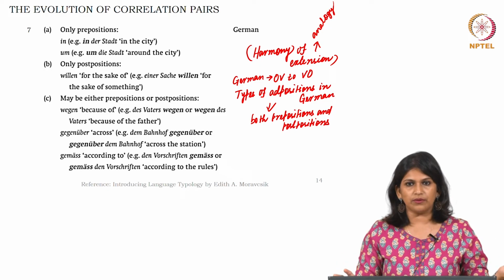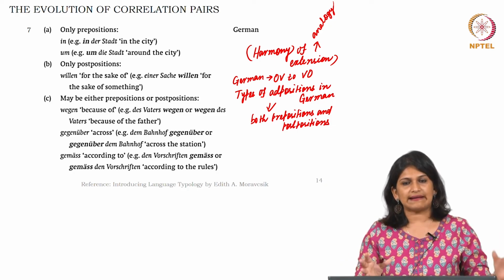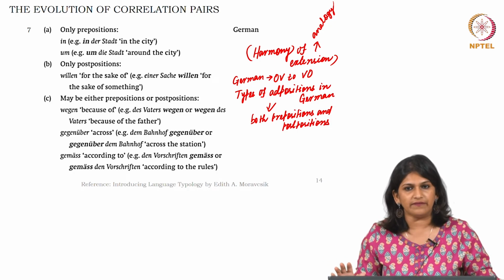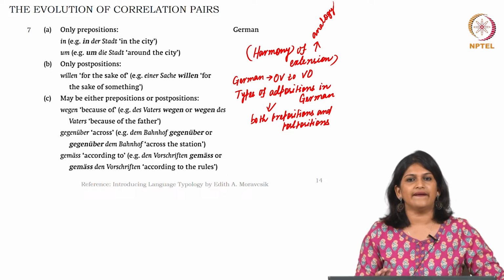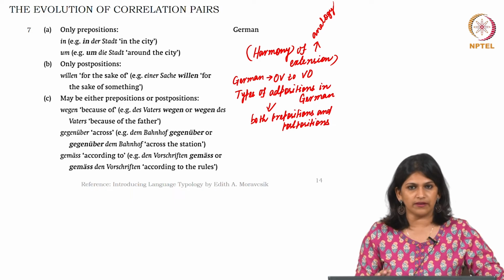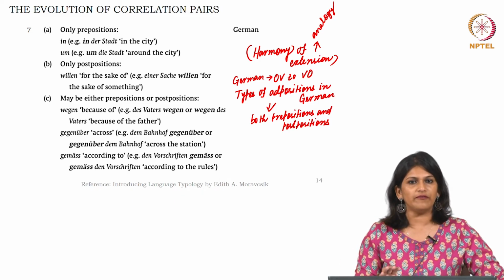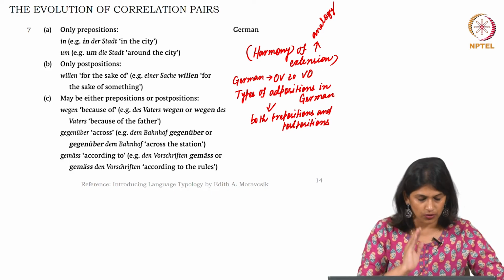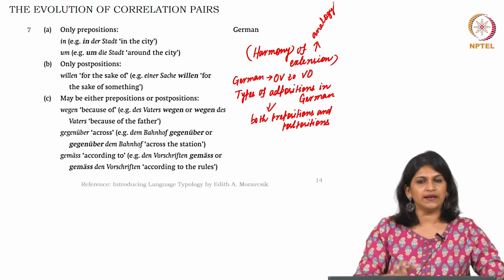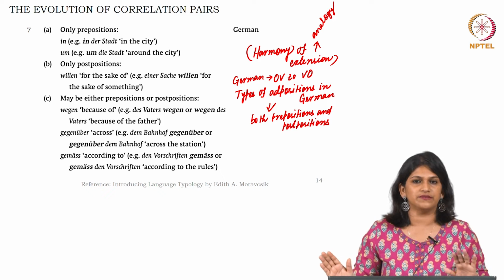This is additional evidence that postpositions have evolved into prepositions. So, the older forms are postpositions, and the newer forms are prepositions.